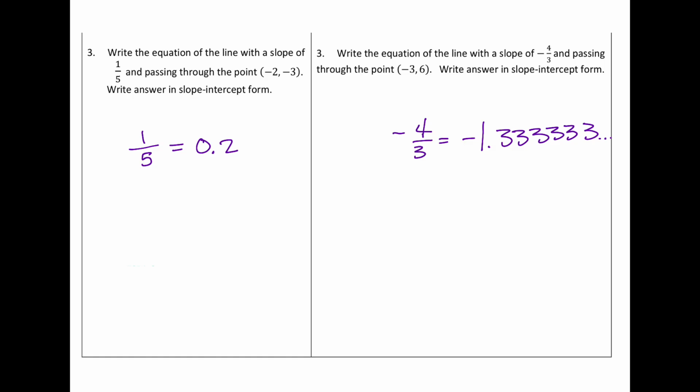Even if I went out to the 100,000ths place, it's still not the same. If I took those dots off, I've estimated, I rounded. If I leave the dots, then I can't work with it. You have to round it somewhere to work with it in an equation. So rather than doing this, leave it as a fraction and learn how to do fractions. And you'll want to do that because Canvas will mark it wrong if you round off a decimal.